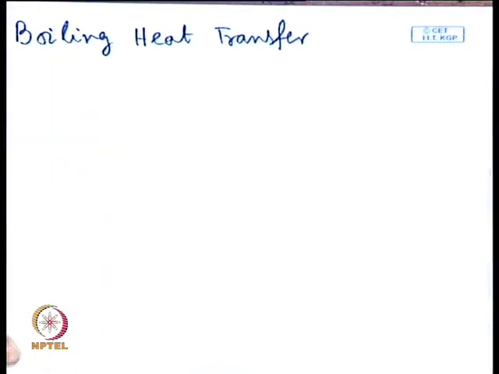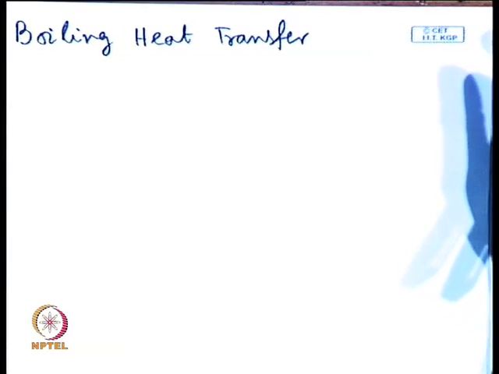Boiling heat transfer is a very complex phenomenon, and there are different kinds of boiling. We can make a good analysis of the boiling process if we categorize them at the very beginning, then start discussing from the simplest case of boiling heat transfer, and gradually go to more complex cases.